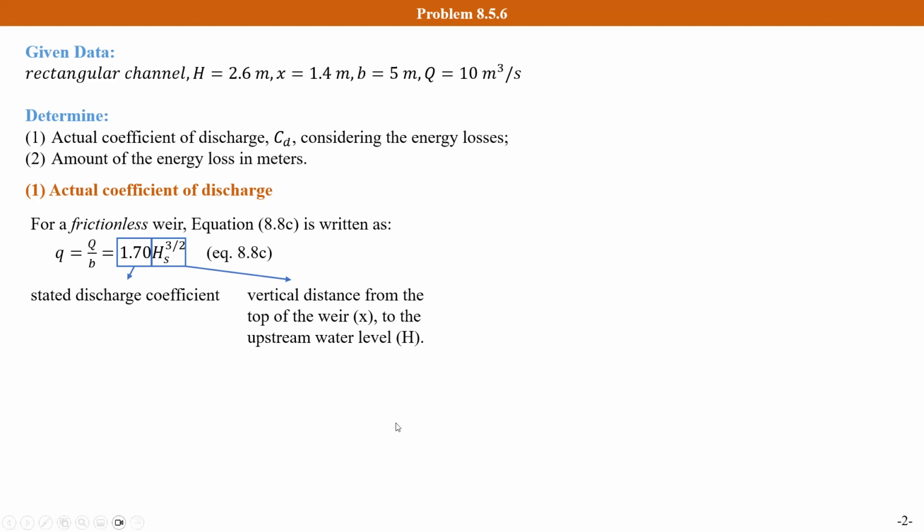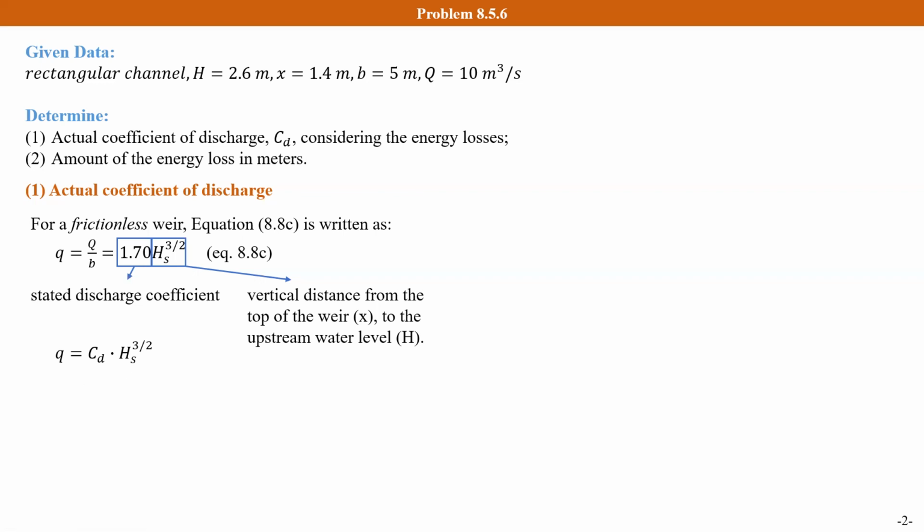Because this equation is used for a frictionless weir, but in this problem we need to consider the energy losses, we need to recalculate the discharge coefficient. Based on equation 8.8, we can write down the equation. The q equals the coefficient times the vertical distance from the top of the weir to the upstream water level.